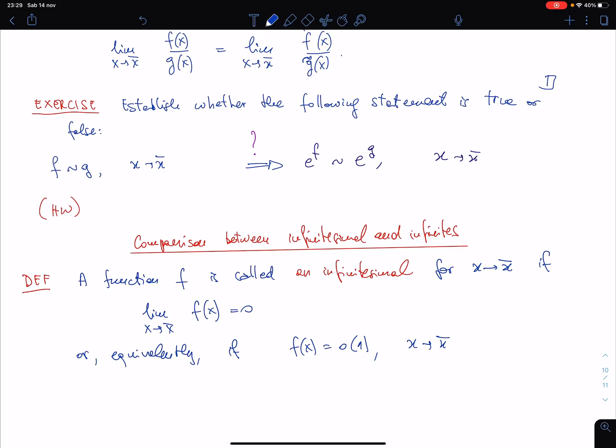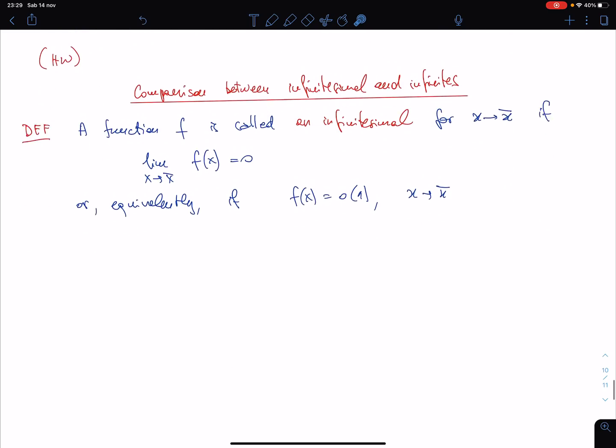This is a definition that I already introduced at the level of sequences. And I remind you again that little o of 1 means infinitesimal for x going to x bar.